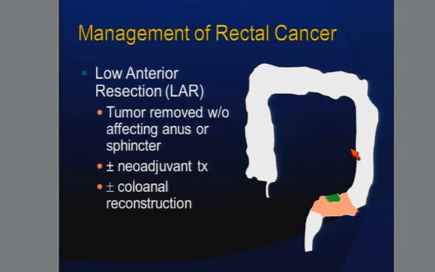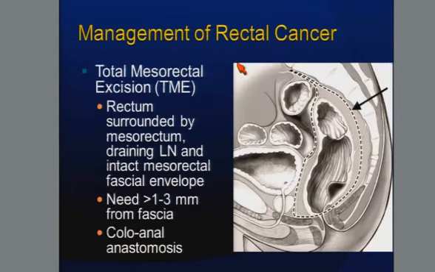These are T2 and T3 lesions, and then they will get either a coloanal anastomosis, or a pouch will be created. Ultimately, they are going to have an intact coloanastomosis, so they will eventually have an intact sphincter complex, and stool will exit from below.